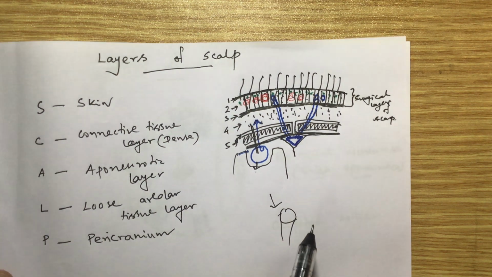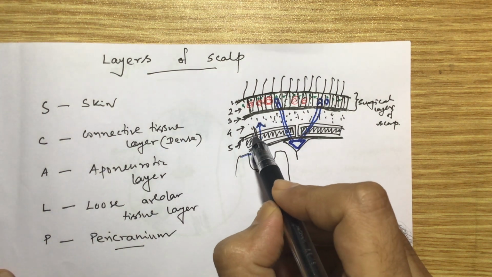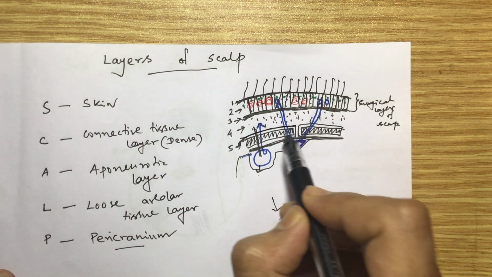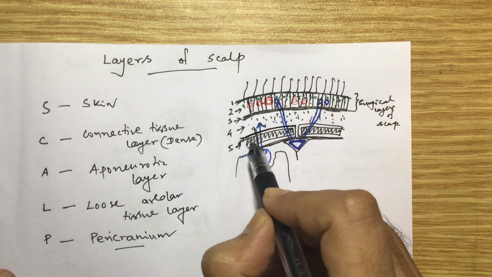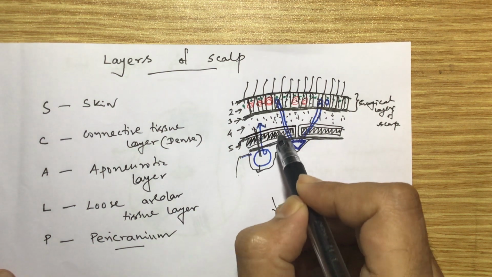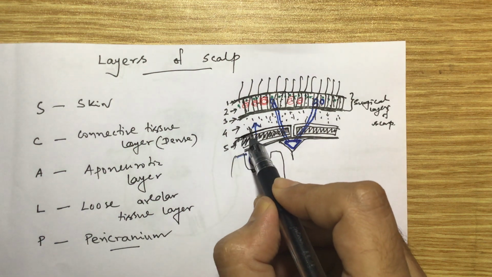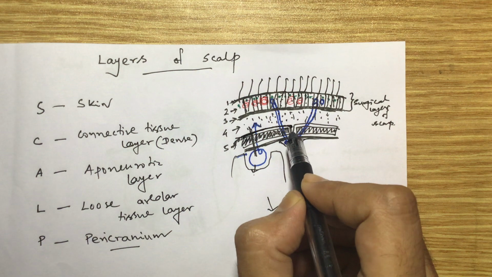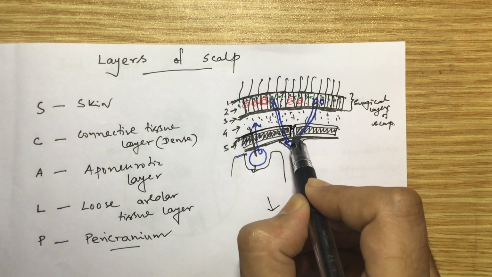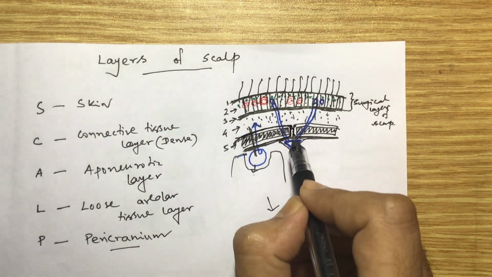Now, the fifth layer, that is the pericranium. Here it is the pericranium. I've already discussed that it is the periosteum which covers the outer surface of the skull bone. It is usually loosely attached in this part, but it is firmly attached at the sutural membrane, where it is continued as the inner endosteal layer.